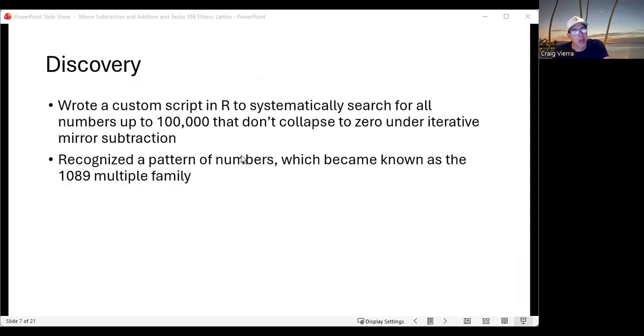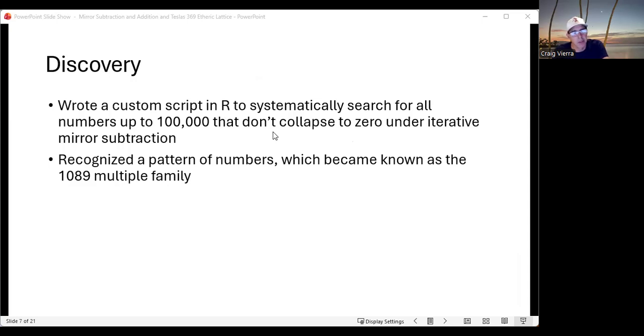So when I saw that, I was working with another individual, Lauren Kim, and we worked together to write a custom script in R where we systematically search for all numbers up to 100,000 that wouldn't collapse to zero under iterated mirror subtraction, and we generated this list of numbers.